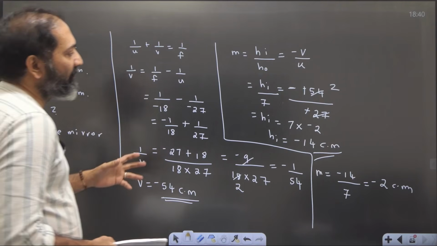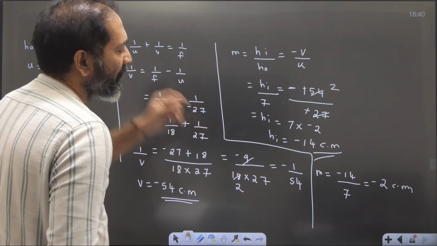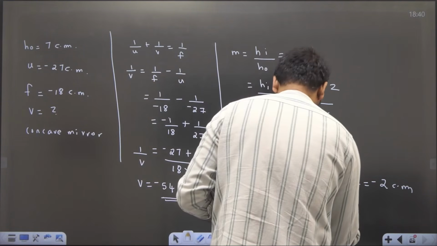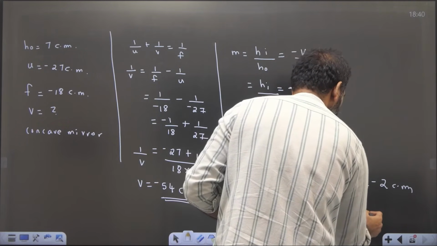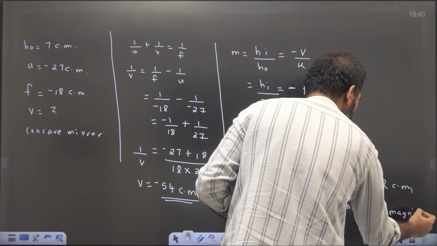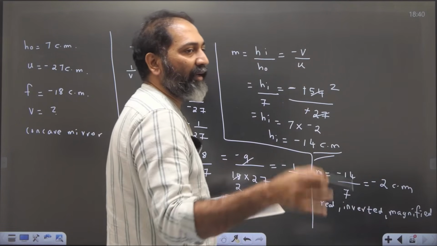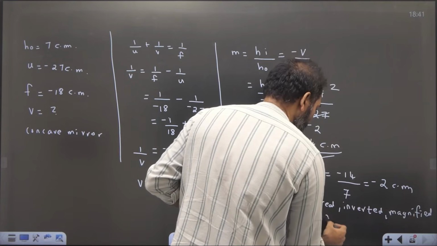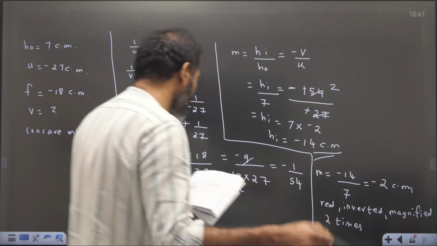The image of the object is magnified, but since it is minus 2, it is real, inverted, magnified 2 times. Always remember: magnification positive, virtual image; magnification negative, real image. Magnified 2 times means image size is 2 times that of object size.